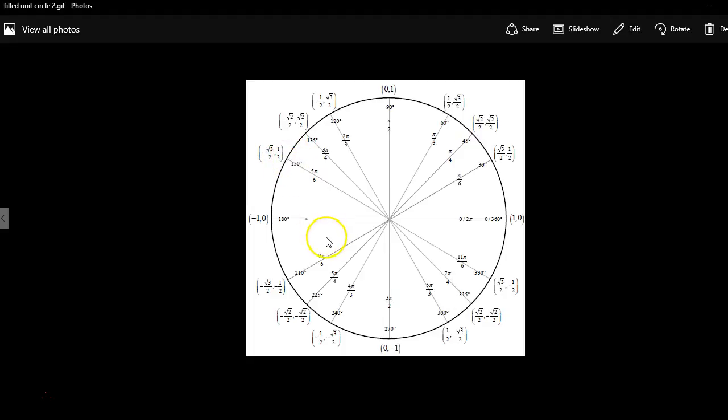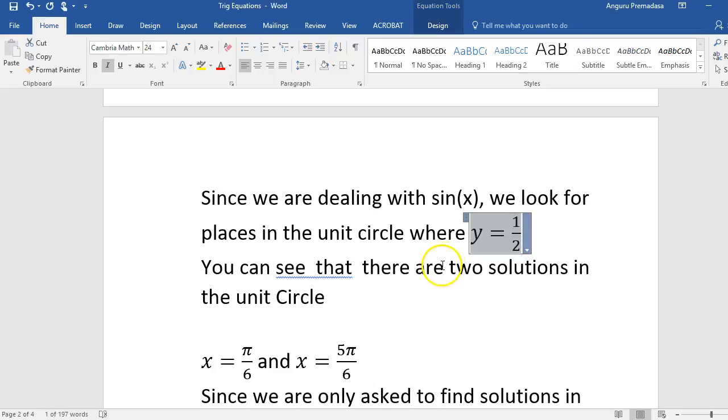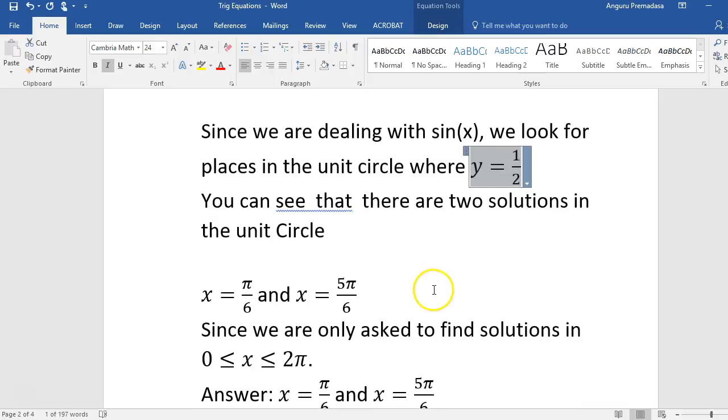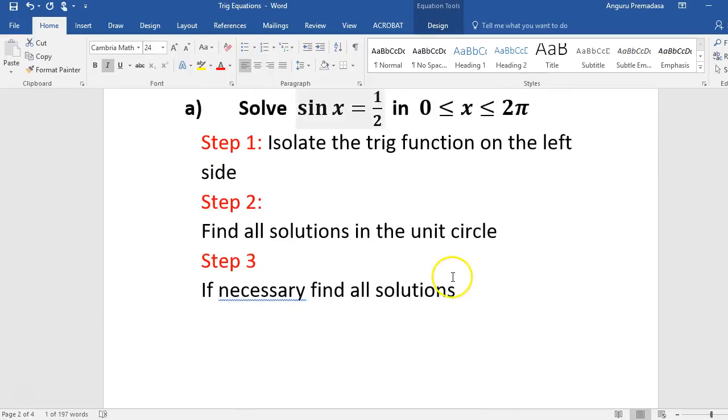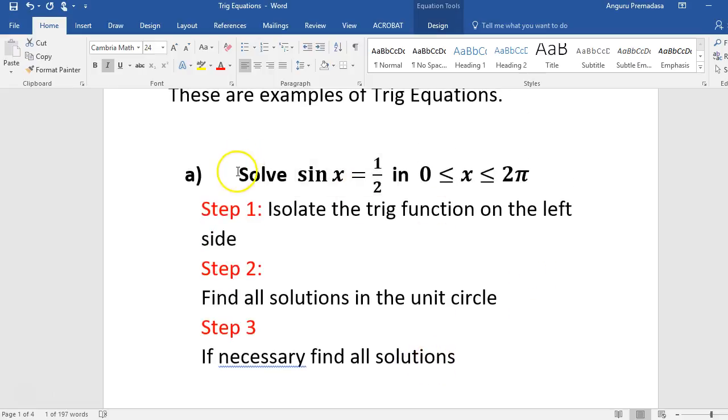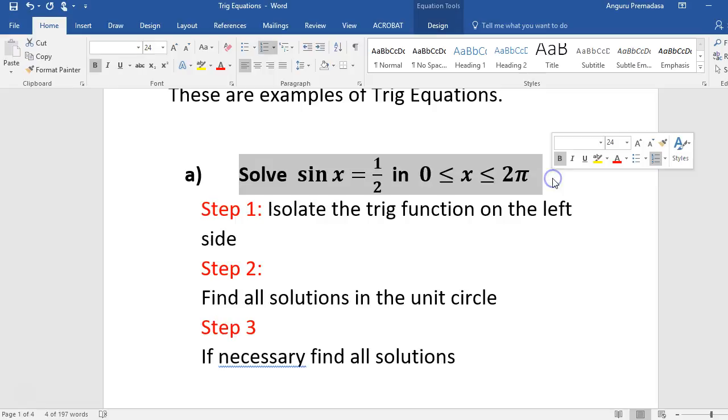So our answer for step 2, which is to find the places in the unit circle where y is equal to 1/2, is two answers, pi over 6 and 5 pi over 6. Now we are done with step 2. And step 3 is, if necessary, find all solutions. Now look at the question. Do they want you to find all solutions?